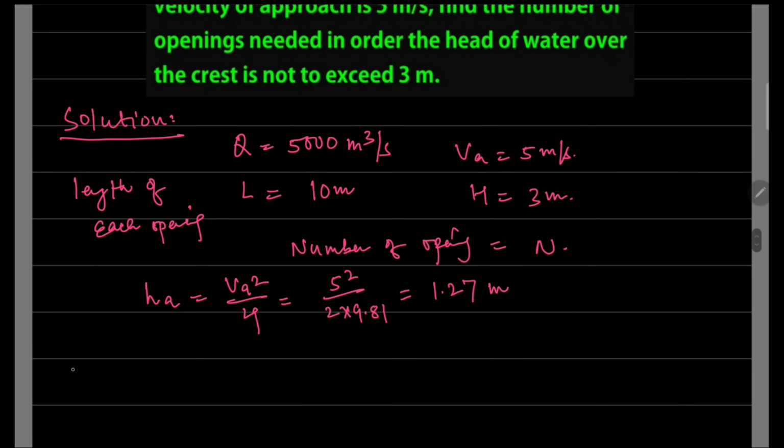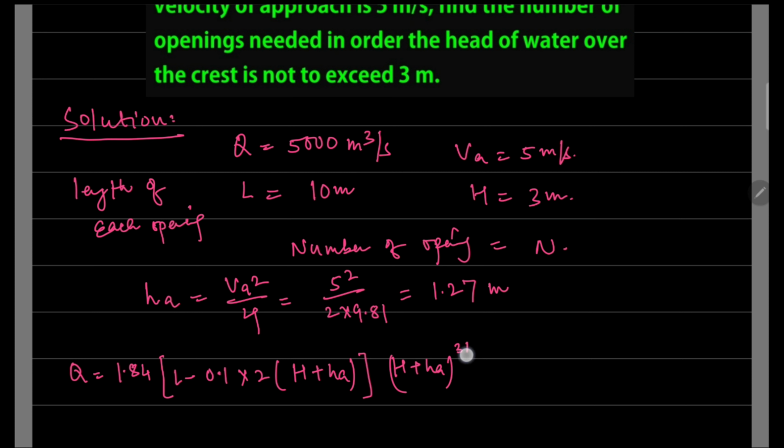So Q is equal to 1.84 multiplied by, in brackets, L minus 0.1 multiplied by 2, in brackets H plus HA, and then H plus HA raised to the power 3 by 2 minus HA raised to the power 3 by 2. That particular formula is used for the estimation of the discharge.